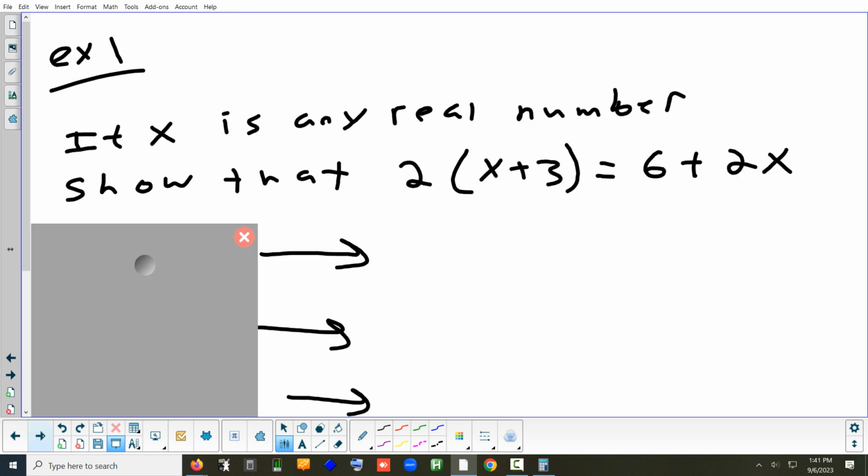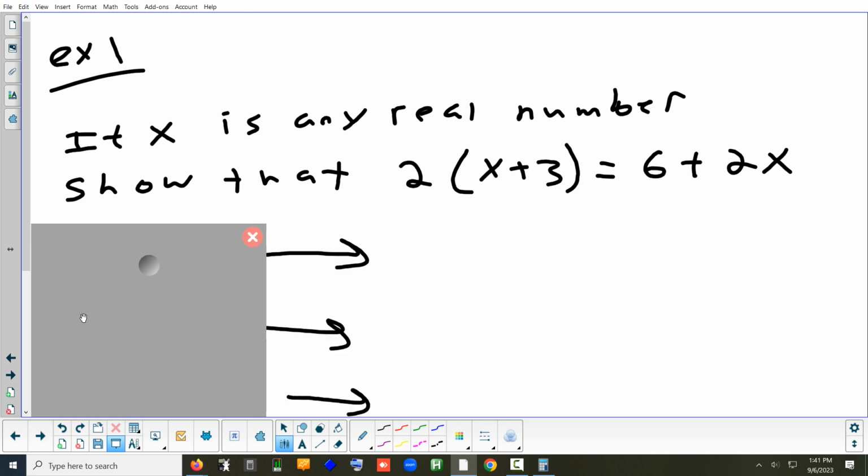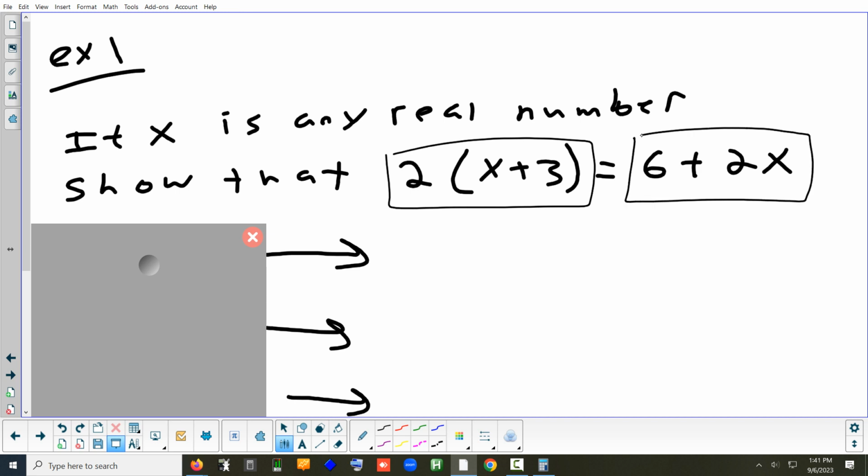All right, so let's look at an example. Actually, yeah, let's do it this way. I've got 3 properties listed here that are going to help you to change this to look exactly like that. And I'll write down the work, and then you tell me the property that lets me do what I did.